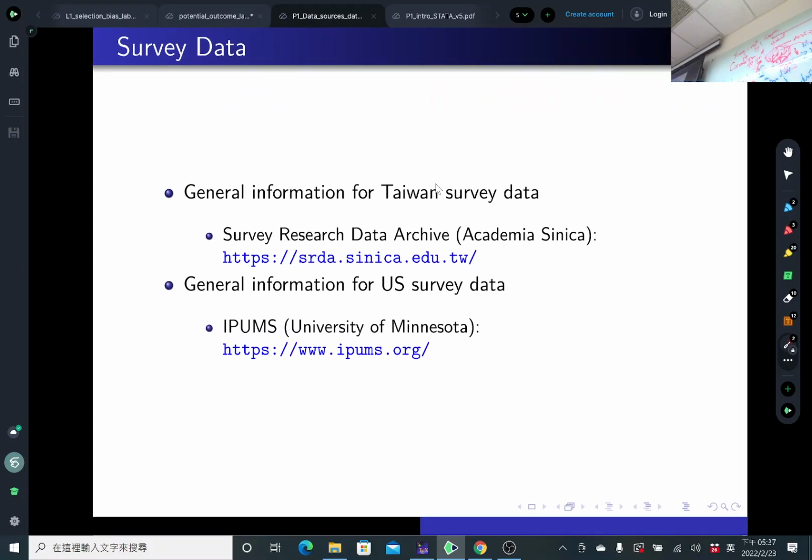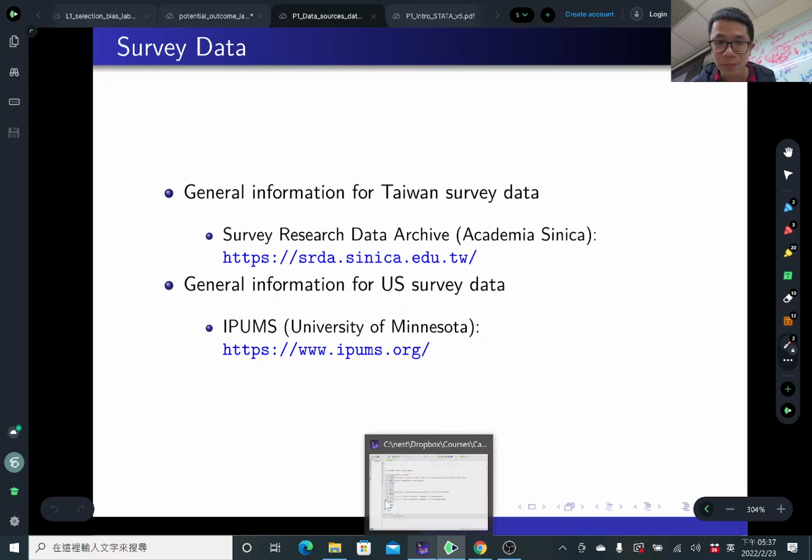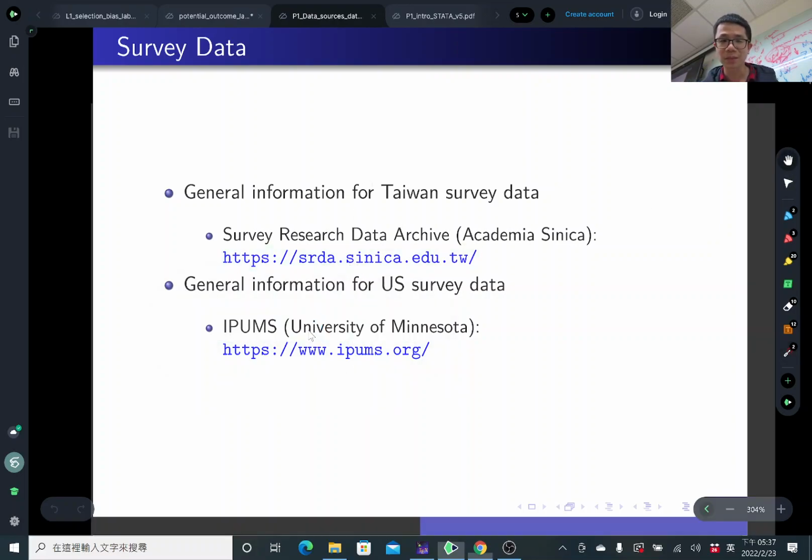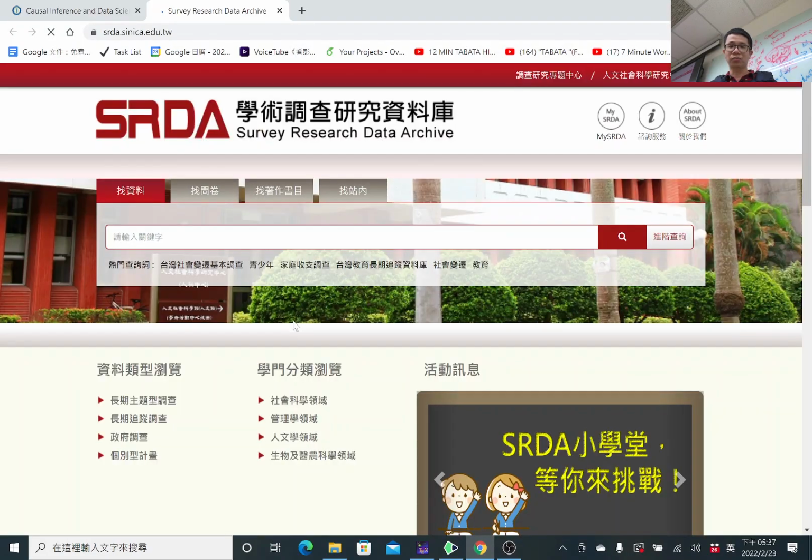In Taiwan, all the surveys are from Academia Sinica, 中央研究院. You can go to this website if you are interested. If you want to get data, you need to become a member, but it's very easy; you can just submit a request.